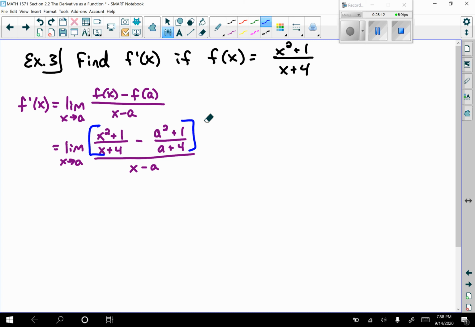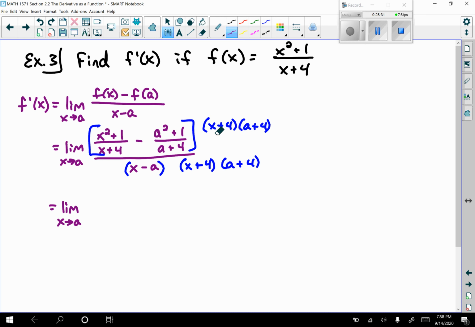So I want to multiply the top by the two denominators, x plus 4 and a plus 4, to clear denominators, and then I need to multiply this down here. So because that's a binomial, I want to put it in parentheses. We still have x plus 4, a plus 4. So we get limit as x approaches a.